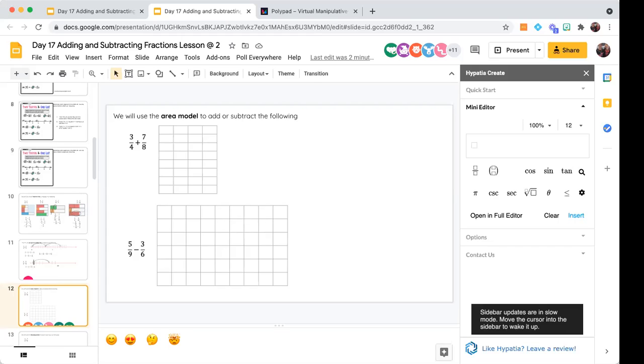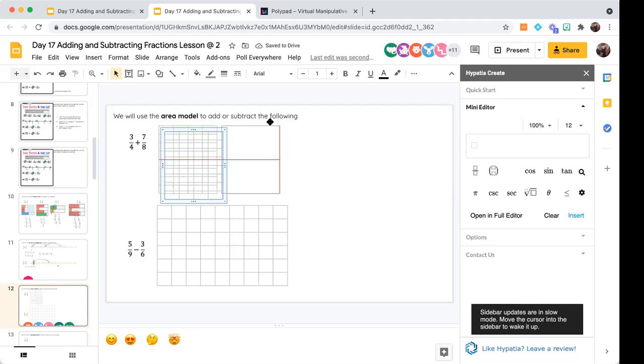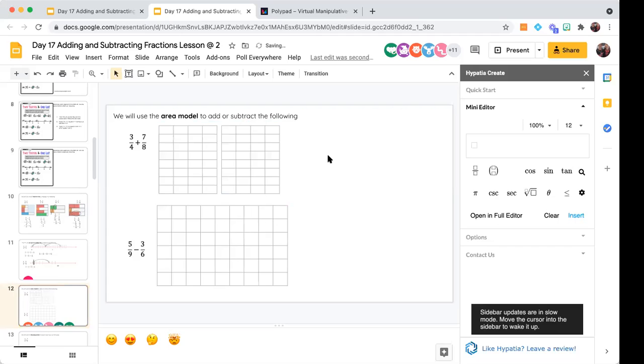What's important here is that I am using one for the rows and one for the columns, okay? And noticing that it doesn't matter how big your box is, we just have to make sure that the whole is the same throughout. I'm actually going to make 2 of these. So I'm just going to copy this box over here. By copying it, I know that these 2 whole boxes are the same size.